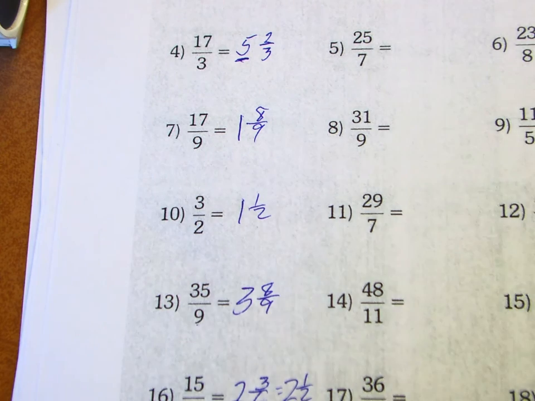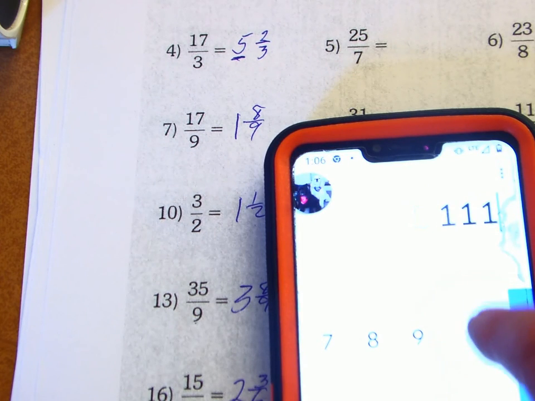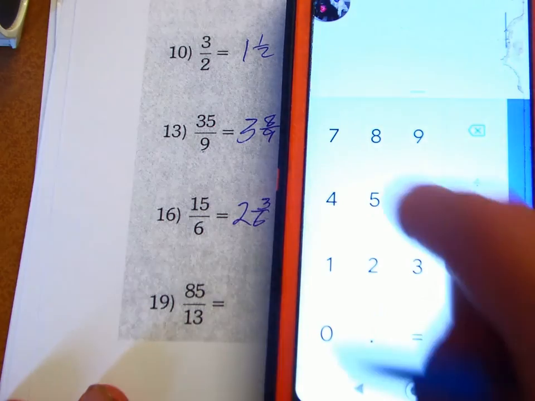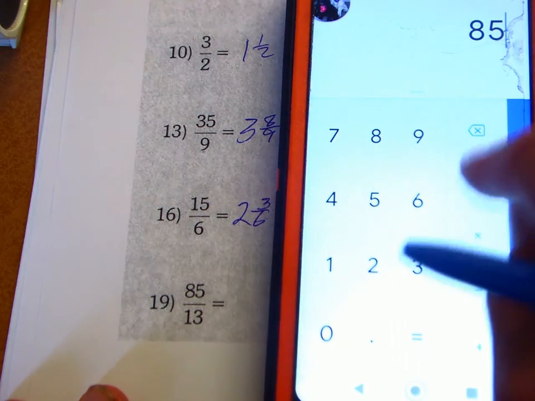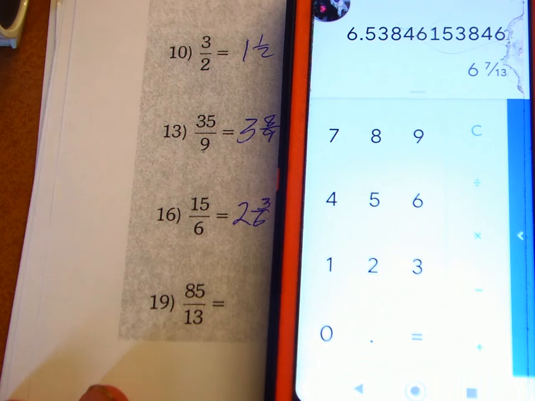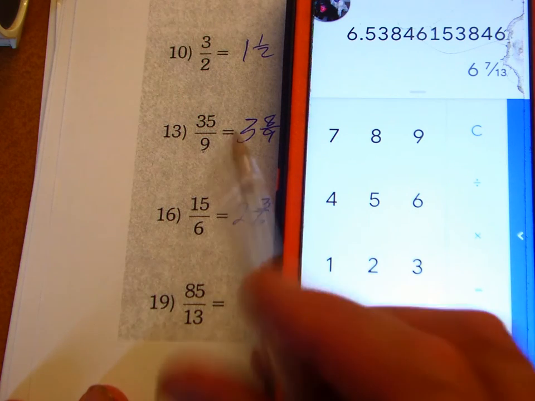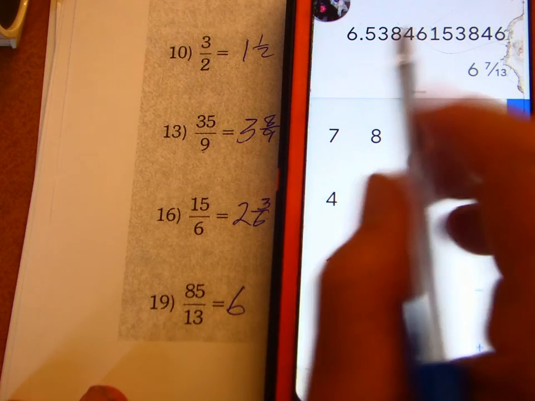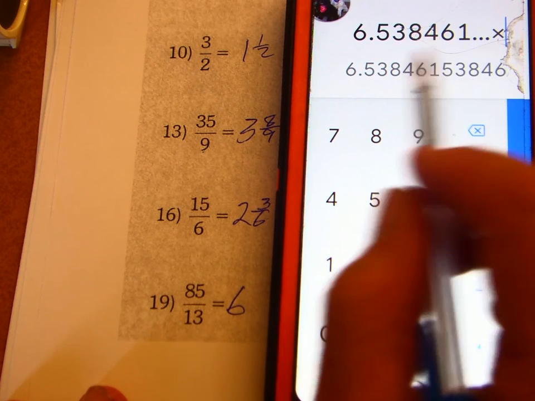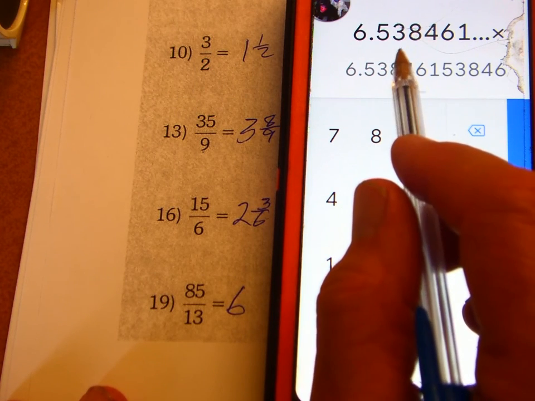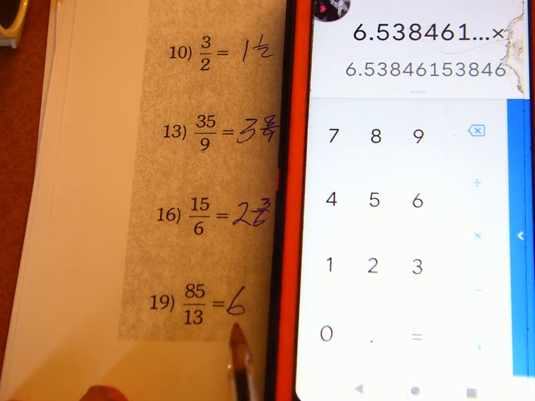35 into, okay, let me try it this way. 85 divided by 13 equals 6.555. Now they gave the answer there, but I just erased it. 6. Okay, so I want to know what's the rest of it.